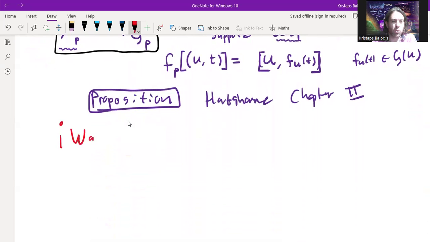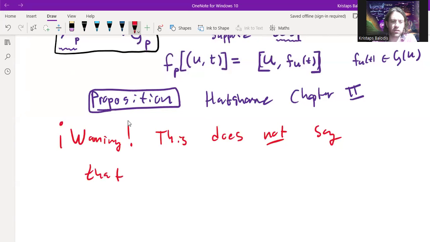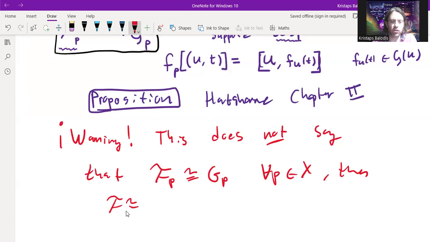Let me give you a warning. This does not say that if F sub p is abstractly isomorphic to G sub p for all x in your space, then these sheaves are isomorphic, right?